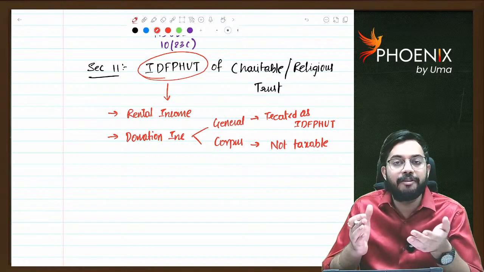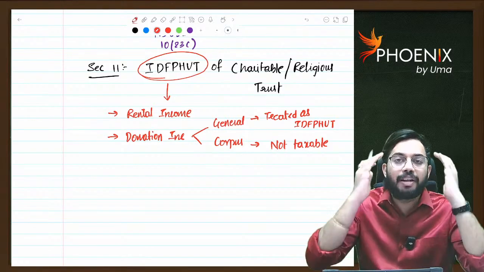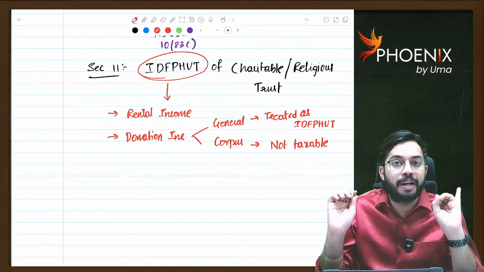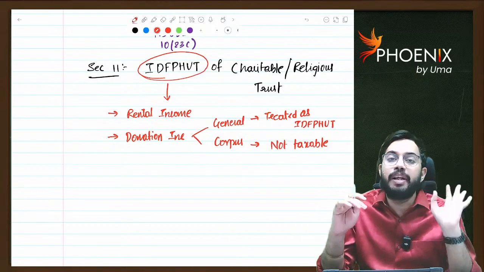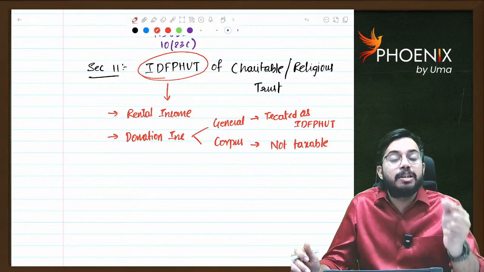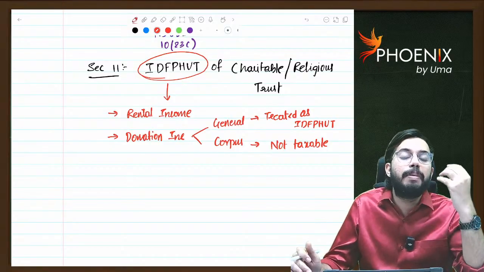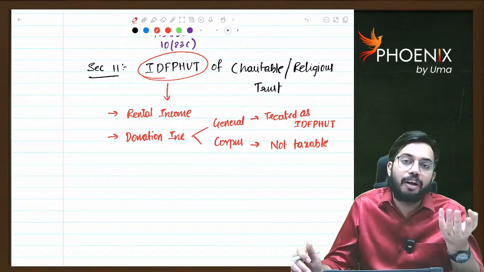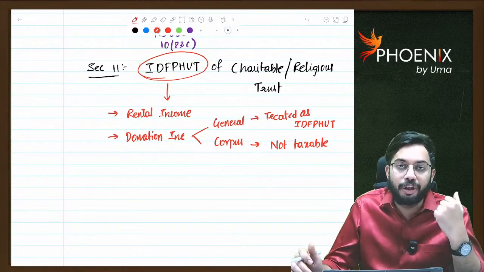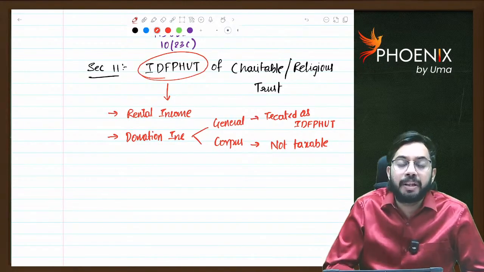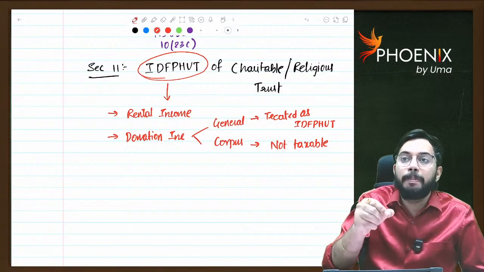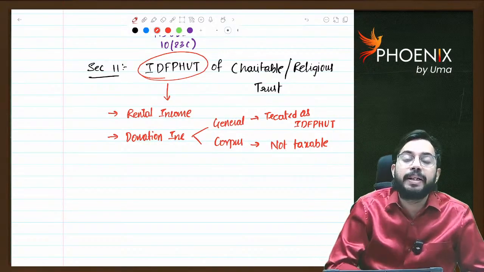What those safe modes are, I will discuss a little later, but for the time being please remember that general donations are treated as income derived from property held under trust, and corpus donation is fully exempt. Sir, what do you mean by corpus donation? If any donation is given with a specific direction that the donation should be used as the corpus fund of the trust, then that donation we call a corpus donation. Let's say I went to Tirumala Tirupati Devasthanam and gave 10 lakh rupees donation. I gave instruction that this 10 lakh rupees should form part of the corpus fund of TTD.